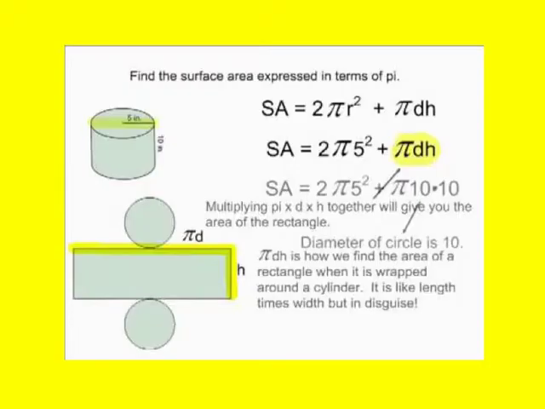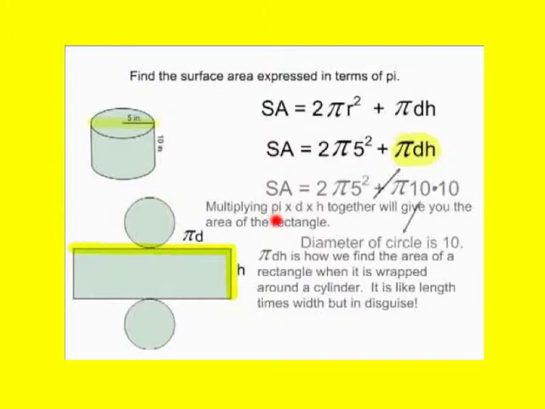This example says find the surface area expressed in terms of pi. So in this particular example, if 5 inches is the radius, when we multiply, if 5 is the radius, then 10 would be the diameter.